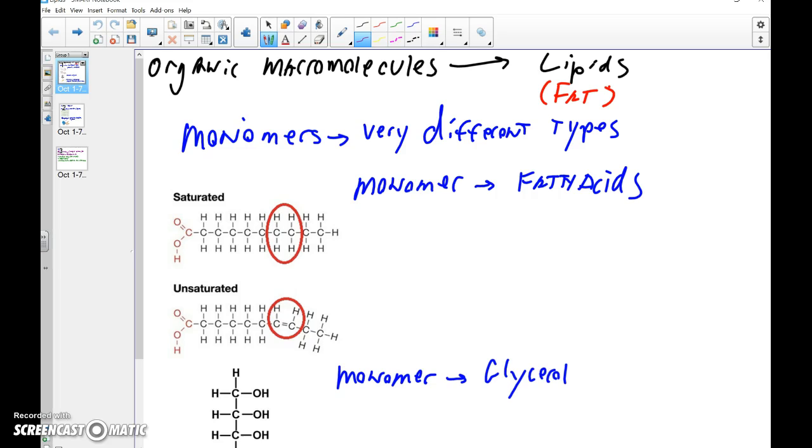So lipids are a little weird in terms of our organic macromolecules, insofar as they have very different types of monomers. So we talked about carbohydrates. The monomer for carbohydrates is monosaccharide. Now, you could have a lot of different monosaccharides, but they're all monosaccharides. They're all basically sugar polyhedrals, all right?